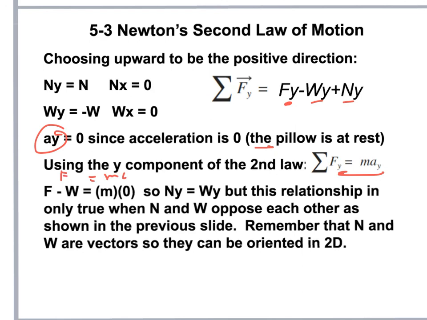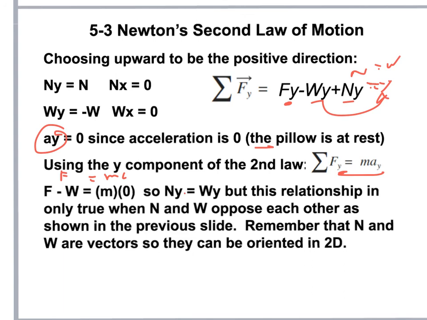Our F is our force minus our weight, and the normal. This is equal to ma, so that's 0. And we move the W over to this side of the equation. So we end up with N equals W.